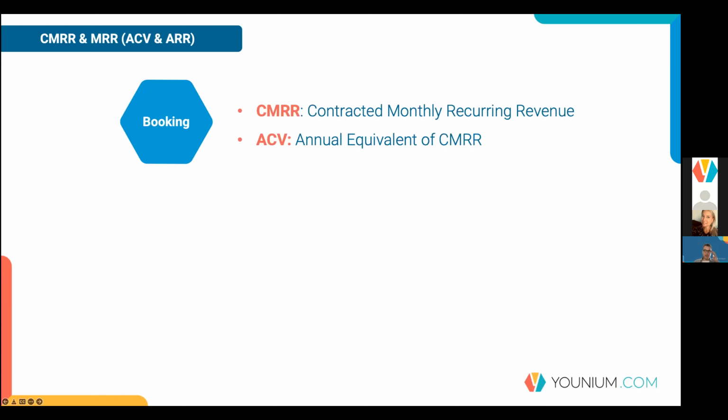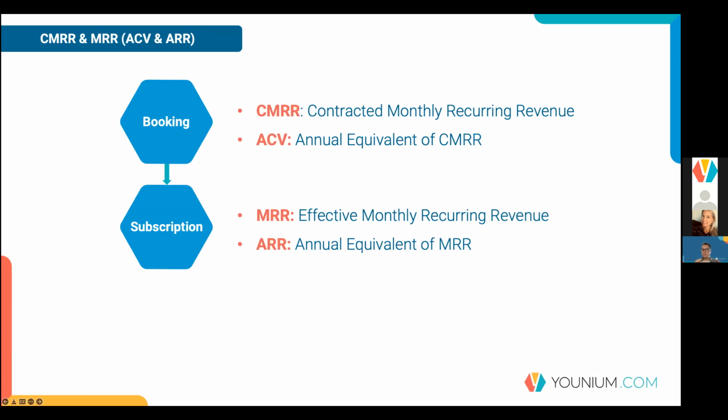And then if we talk about the actual subscriptions, the service periods of when your customers are going to use your service, then we have the subscription metrics, and here we can look at the MRR, which is the effective monthly recurring revenue according to when the customer will actually use your service, from looking at the service periods. And there you also have the annual equivalent of MRR, which is called annual recurring revenue.